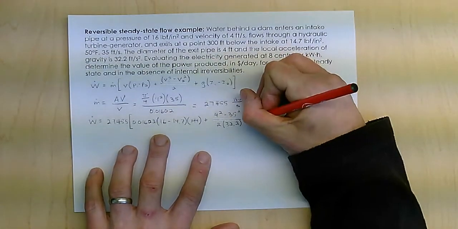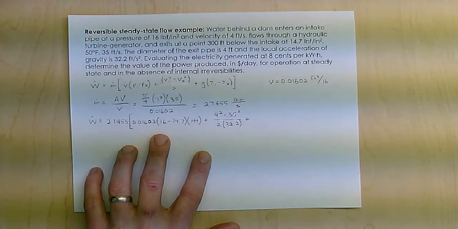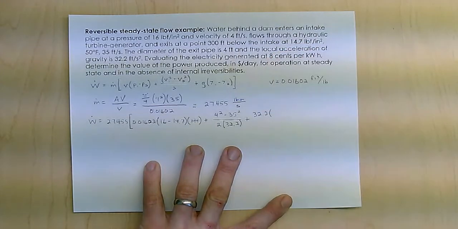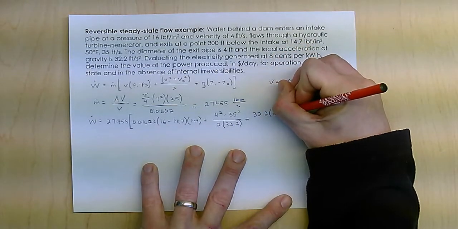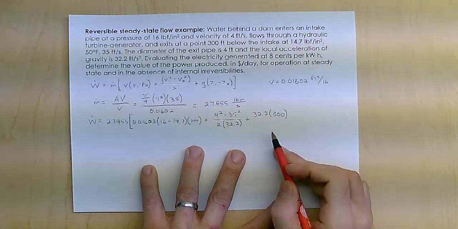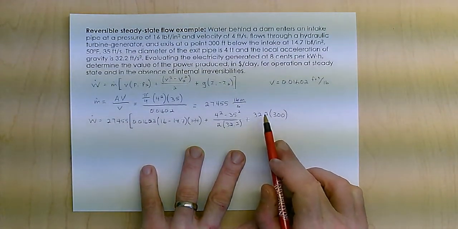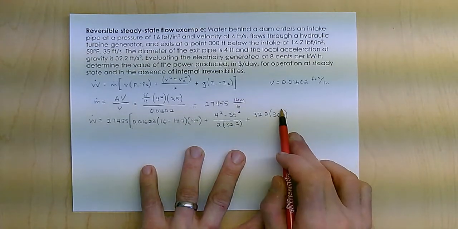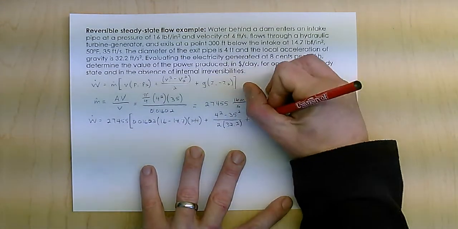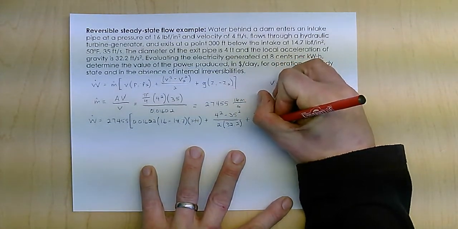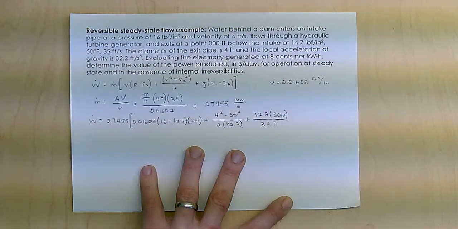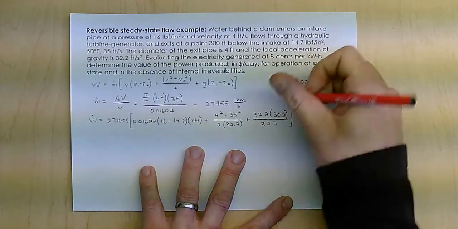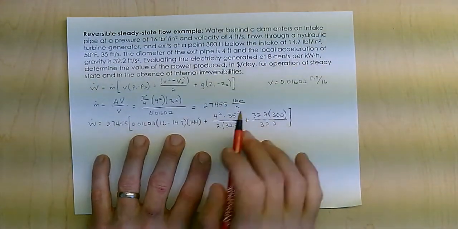Plus, again, my gravity, which is 32.2 times 300. And again, that's also going to be feet squared per second squared, because this is feet per second squared and this is feet. So I have to divide this one as well by 32.2 in order to get foot-pounds per pound mass. And again, we've done that before. So now I have foot-pounds per pound mass.